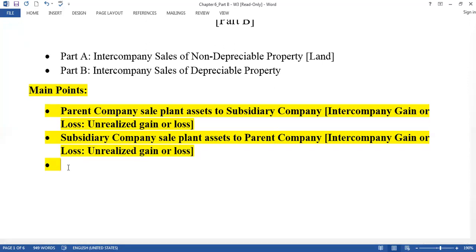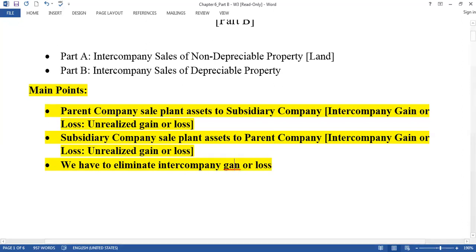We have to eliminate intercompany gain or loss. This is the first main point we are going to do.